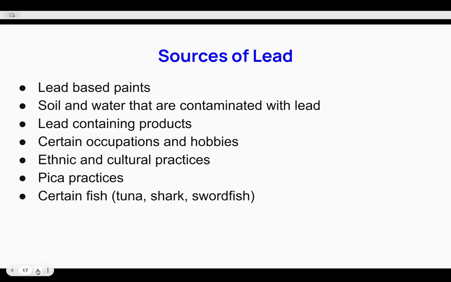Ethnic and cultural practices: in some cultures, the use of traditional or home remedies that contain lead may increase the risk of lead poisoning. Pica practices: pica is when people eat things that aren't food, like paper or paint chips. And certain fish, such as tuna, shark, and swordfish, have high contents of lead in them.